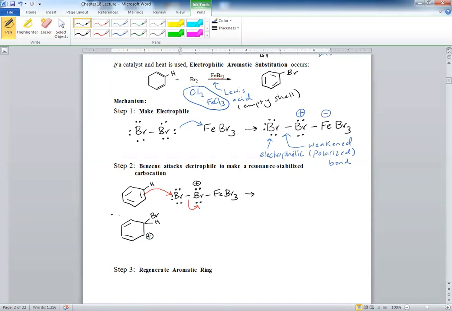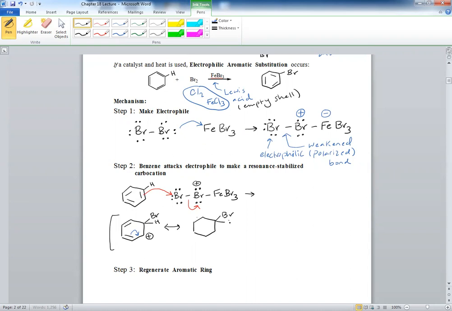So we know that this is in resonance. You should be a pro at drawing resonance structures by now.